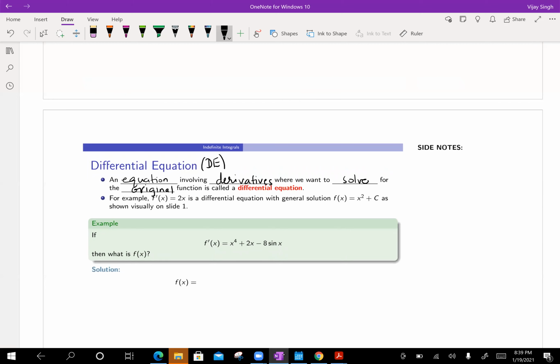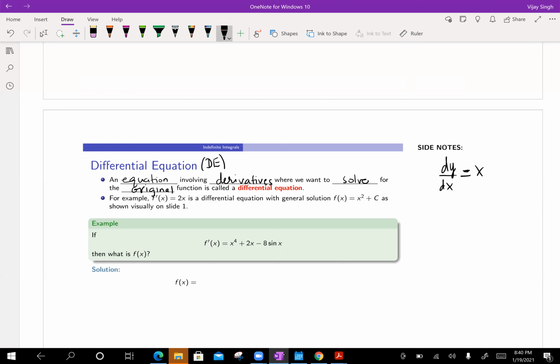For example, dy by dx equals x. So this is an equation which has a derivative in it, and the goal would be perhaps to find y. So such an equation is called a differential equation.